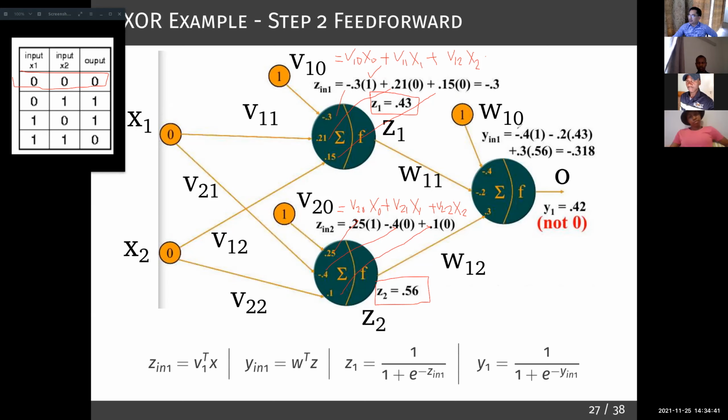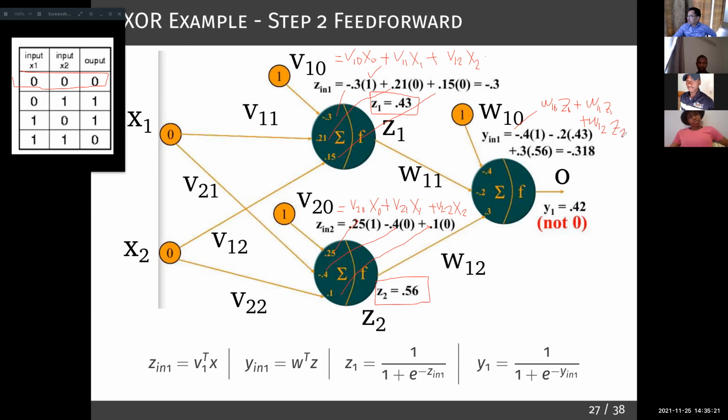Now to compute Yin1, again we do the same. You have Z0 times the weight, so let's start with the weights first: W10 times Z0 plus W11 times Z1 plus W12 times Z2.